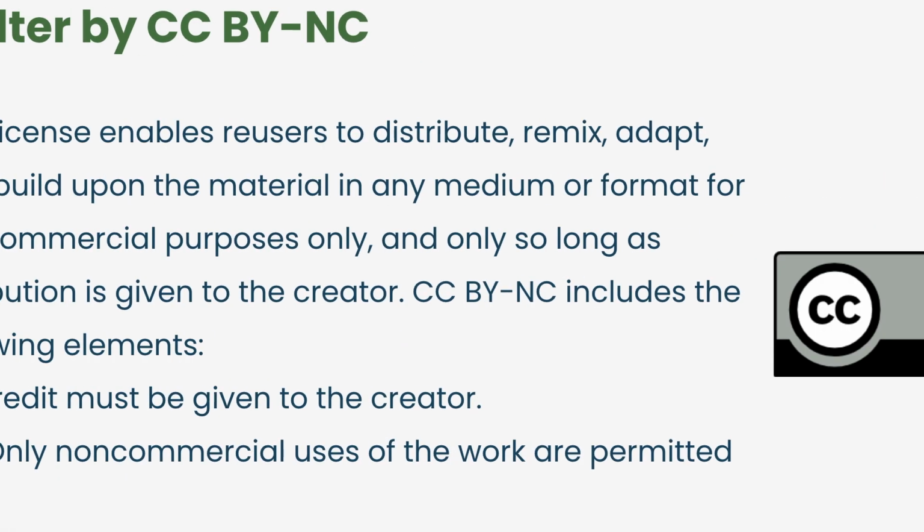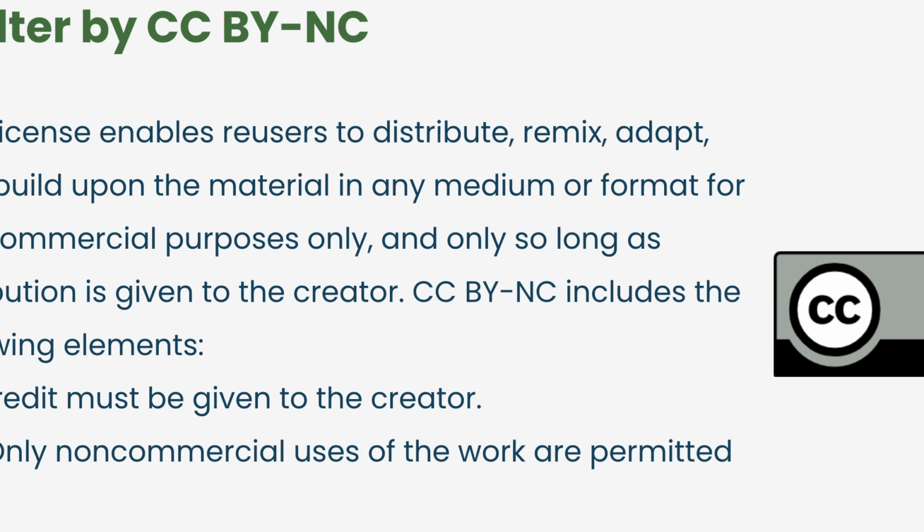Now we go to the fourth example, filter by CC BY-NC. This license enables reusers to distribute, remix, adapt, and build upon the material in any medium or format for non-commercial purposes only, and only so long as attribution is given to the creator. CC BY-NC includes the following elements.